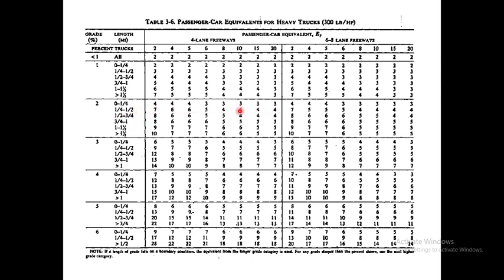Very easy. And also here is the percent. This one is also, as I told you, given information. The PT, or percentage of trucks, is here. For example, if we mention that we have 10% trucks, you have to use this column. Very easy.